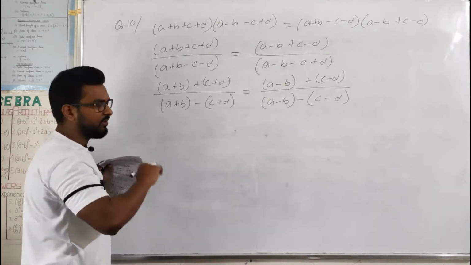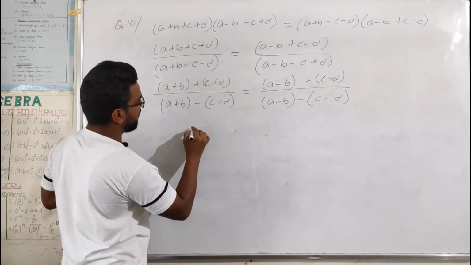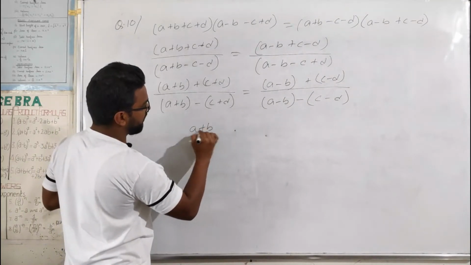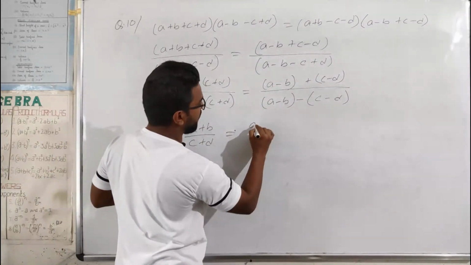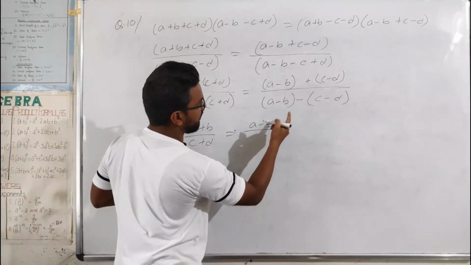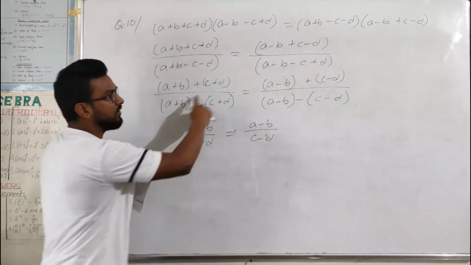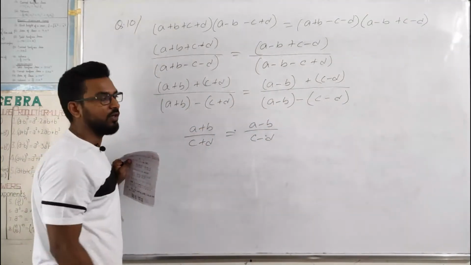Let me convert and write it down. This will become a plus b and c plus d. Similarly here also it will become a minus b and c minus d. This follows componendo and dividendo. So what do you do?